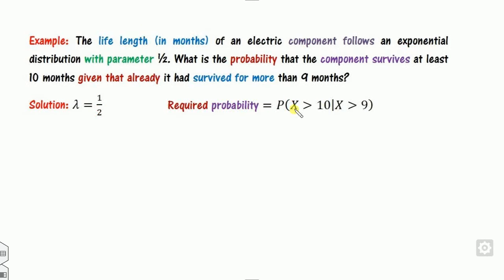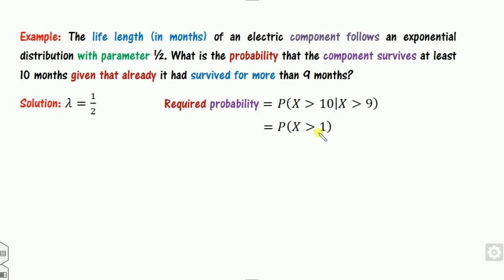Again you can use the formula for A given B if you want, but you can write it directly as X greater than 10 minus 9, that is 1. So now you can use the integral from 1 to infinity of the exponential density.